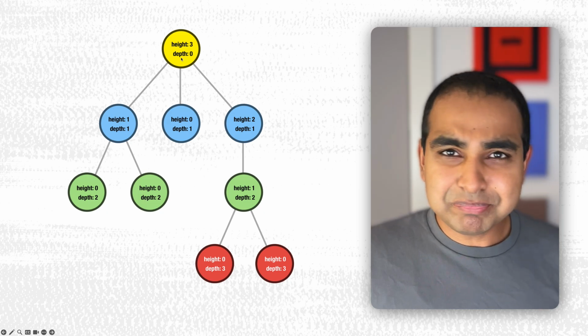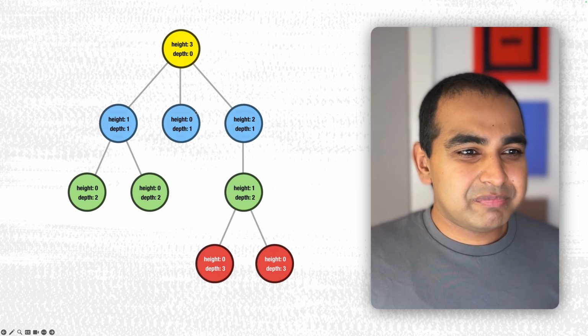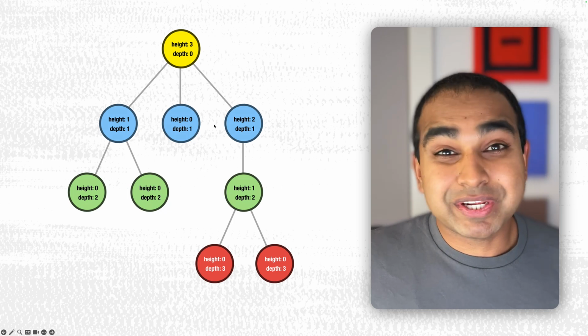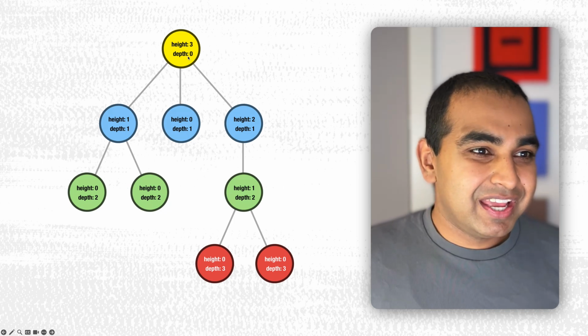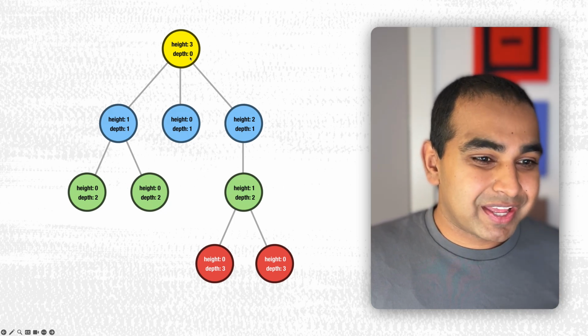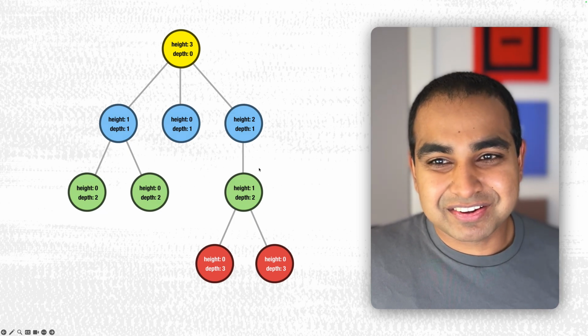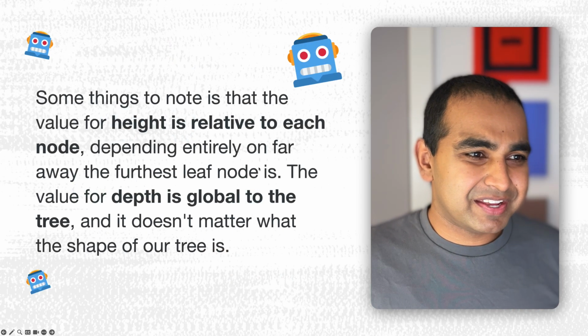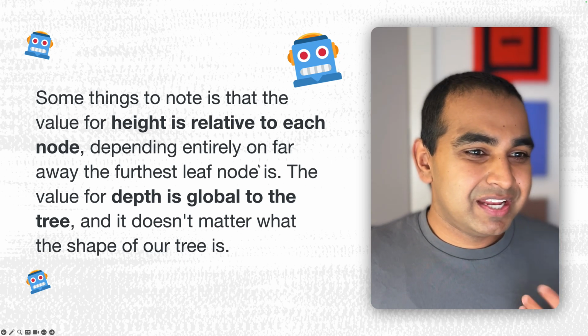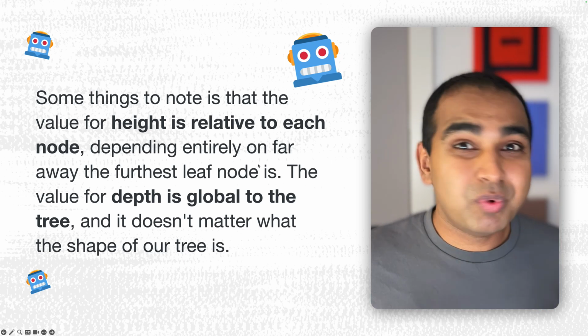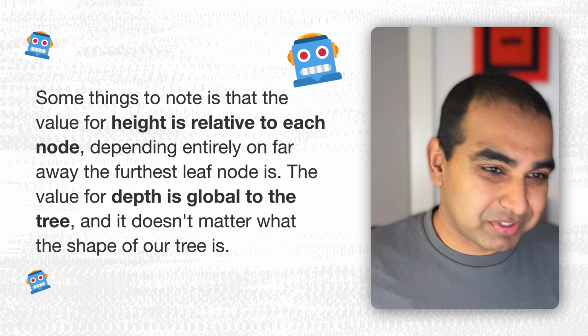Depth, on the other hand, tells me how far away I am from the root. So something to note is that height is relative to each node, depending entirely on how far away the furthest leaf node from that particular node is.